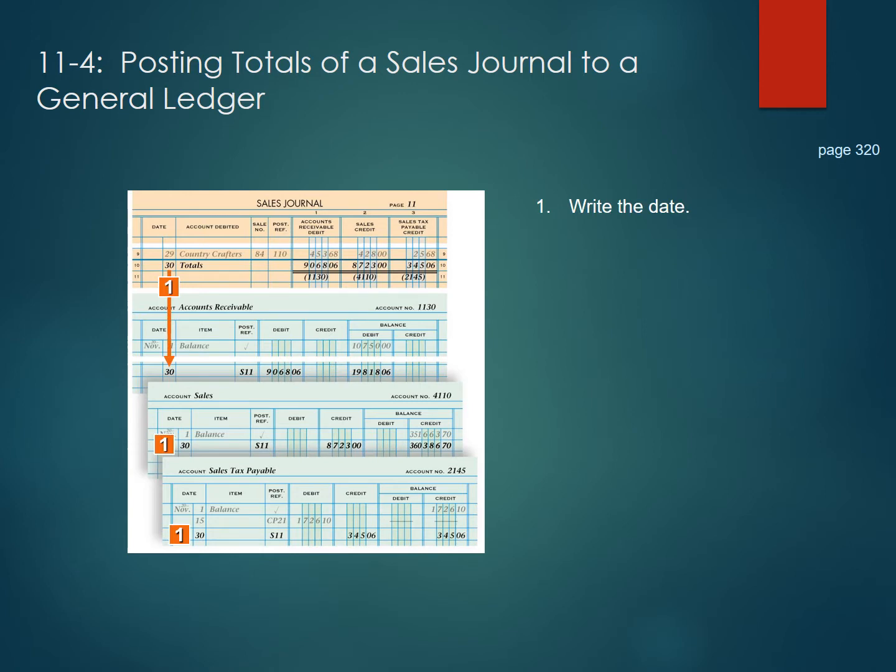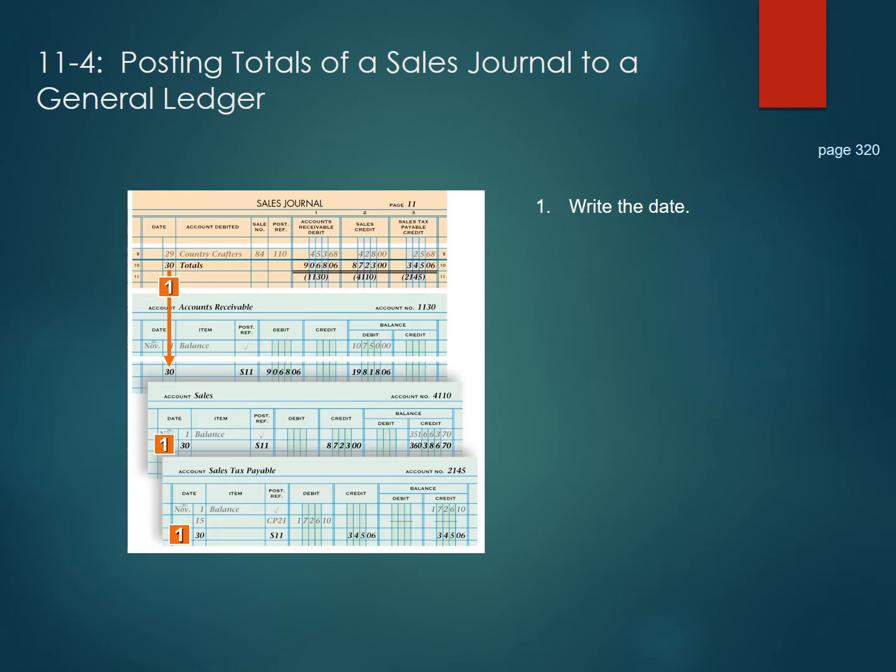If you look at our sales journal, we have 3 specialty columns: accounts receivable debit, sales credit, and sales tax payable credit. We need to post the ending totals on the 30th to each of these accounts in the general ledger.